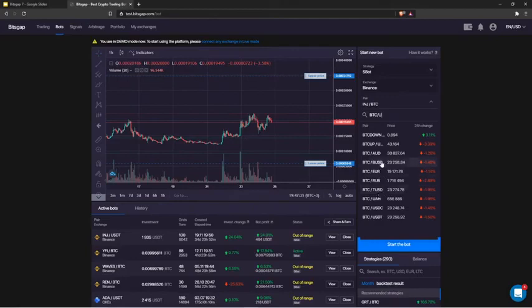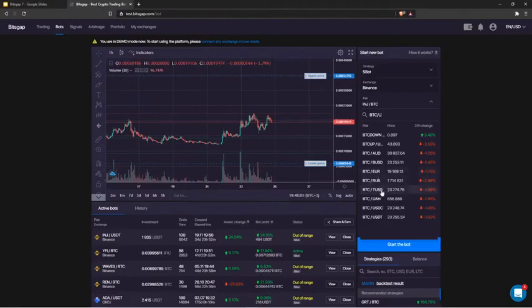So at least you have what? One option, stablecoin, second stablecoin, third stablecoin, and fourth stablecoin. The difference is in the stable coins to which the Bitcoin is trading, but still this is pretty much the same cryptocurrency pair. So since at Bitsgap you can only launch one bot per each pair, if you want to diversify, you can use this trick.